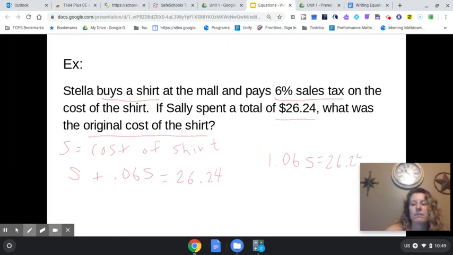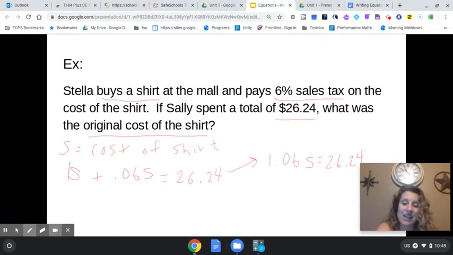$26.24. These two equations are actually equivalent because the first step in solving this one on the left side of my screen is I would have to combine like terms. So S, or 1S, plus 0.06S is going to give me 1.06S.